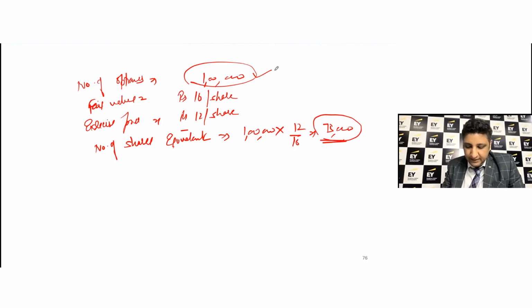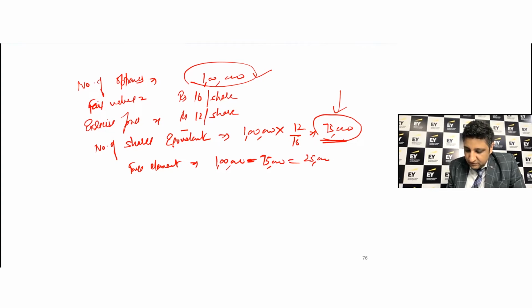While you're issuing 1 lakh shares through the options, you're only collecting 75,000 worth of shares because you are giving a discount on the option, which actually means that the free element is the differential number of shares, which is, of course, 25,000.